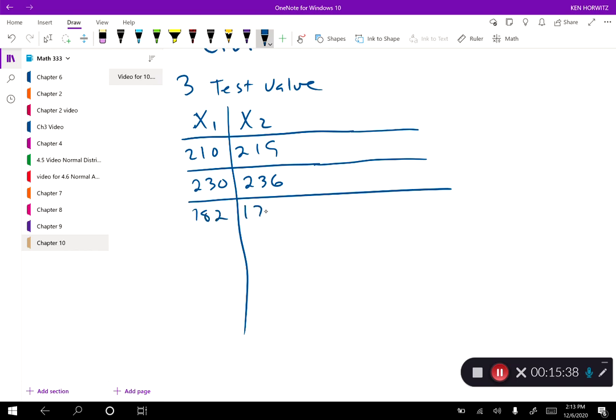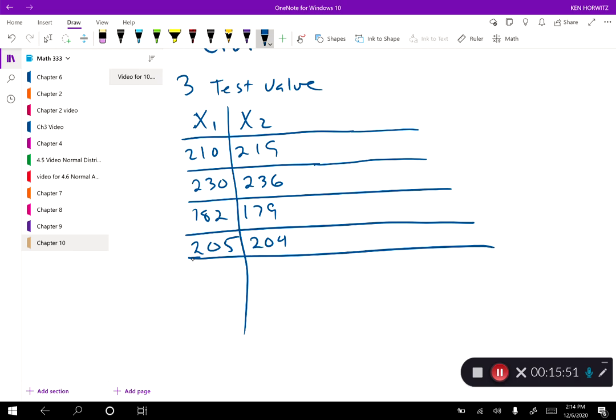This guy went down. It happens, but maybe he's having a bad day. 205, 204, he went down as well, not as much. And here we got a guy who went up a lot. 262, added 8 pounds to his bench press.